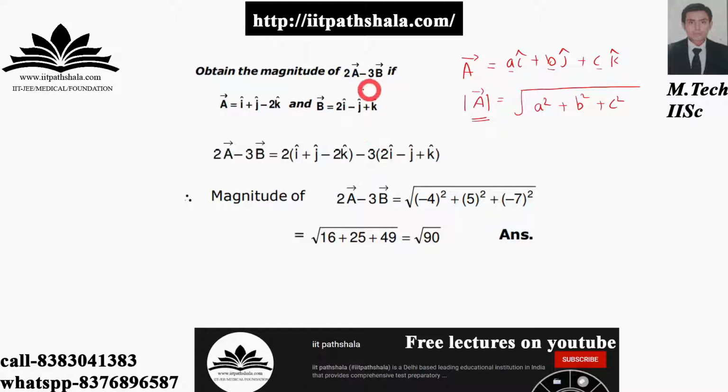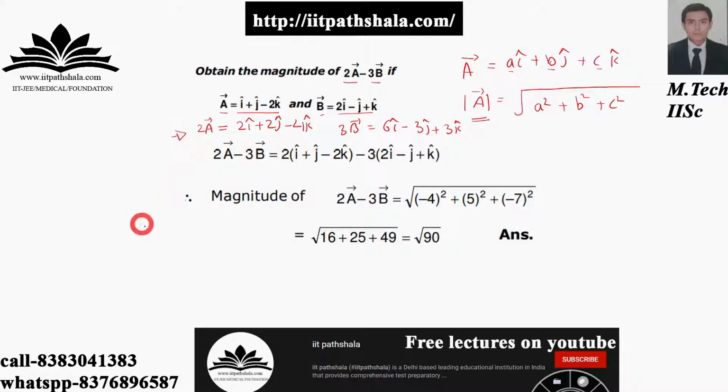Now let us proceed with the following problem. You are having 2A vector minus 3B vector. So A is having this value, B is having this value, so 2A will be nothing but 2i cap plus 2j cap minus 4k cap. Multiply 2 with A. Similarly 3B will be 6i cap minus 3j cap plus 3k cap.